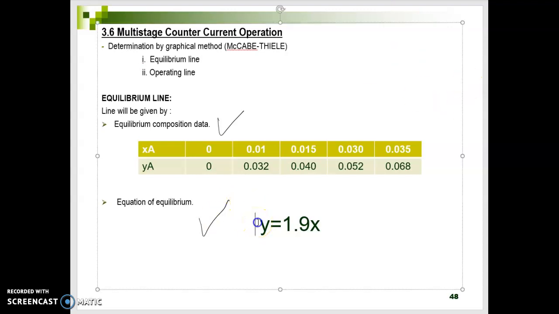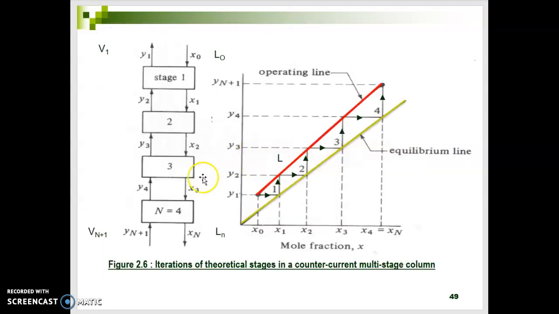So it depends on what is given in the question. After obtaining all the compositions, you need to have the compositions for your top and bottom here. You need this composition in order for you to plot this graph.